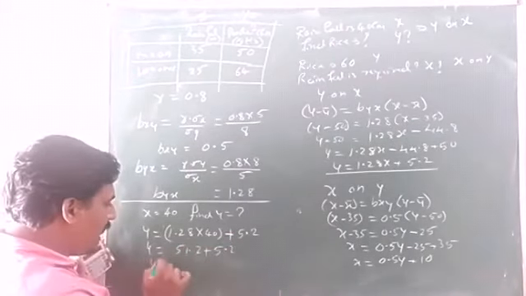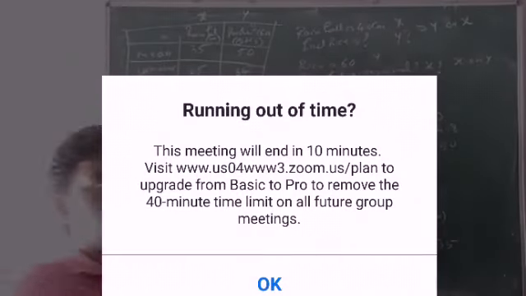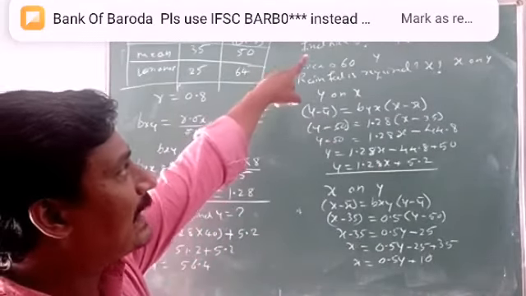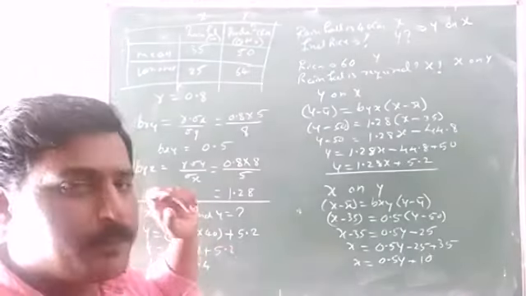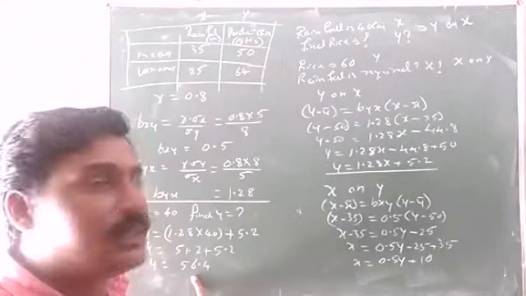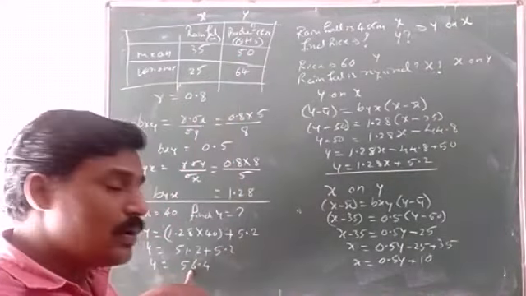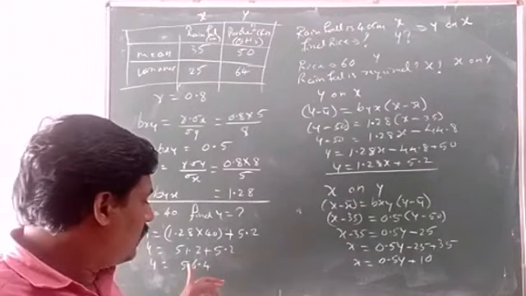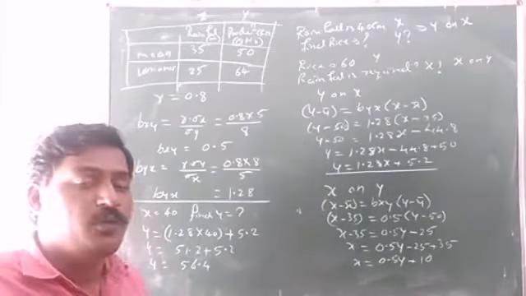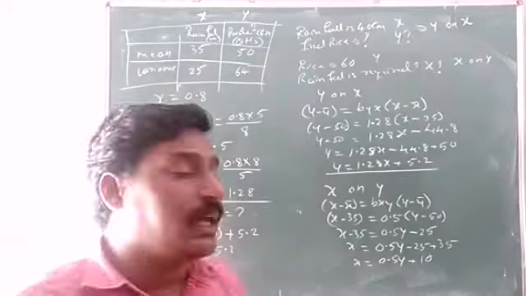So y is equal to 56.4. That is, when the rainfall is 40 centimeter, the production of rice is 56.4 quintals, as it is given in quintals here.